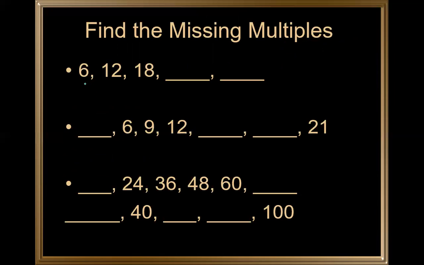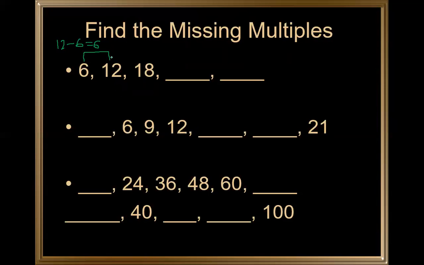I know very well this is the table of 6, but if you don't know, you can see the pattern 6, 12, and 18. I will subtract the smaller number from the bigger number, the first number from the second number. If you subtract 12 minus 6, this will give you 6.